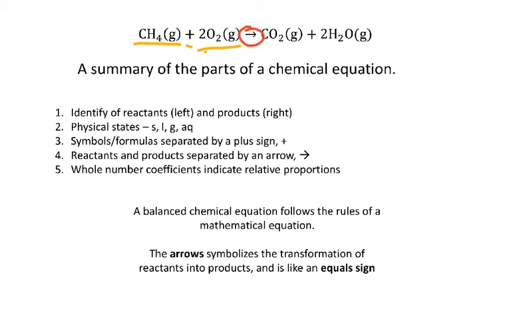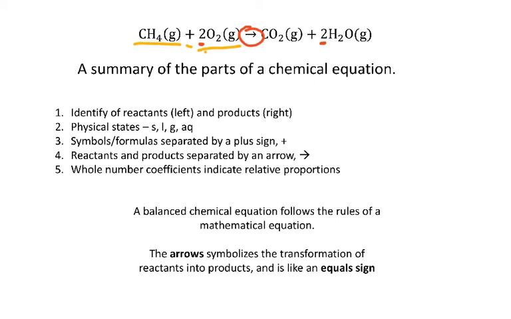Okay, the arrow is like the equal sign. And we put whole number coefficients to indicate relative proportions. So the 2 in front of the oxygen and the 2 in front of the hydrogen are whole number coefficients to indicate the relative proportions. The balanced chemical equation follows the rules of a mathematical equation, right? So if you add up all the parts on both sides, they have to be equal.